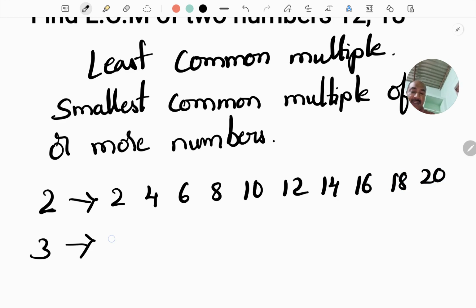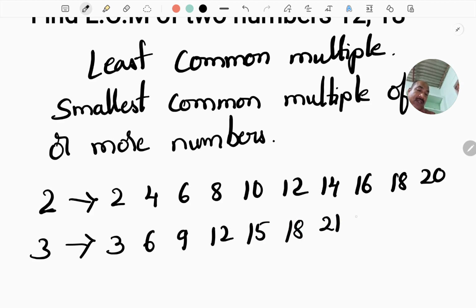Again 3 multiples. 3 1s are 3, 3 2s are 6, 9, 12, 15, 3 6s are 18, 21, 24, 27, 30.